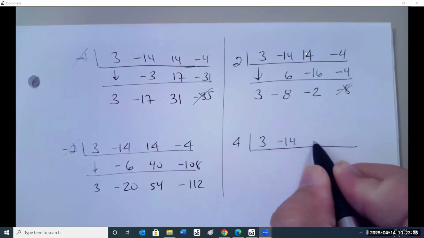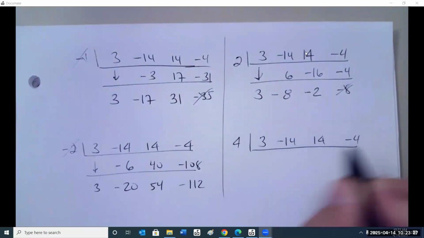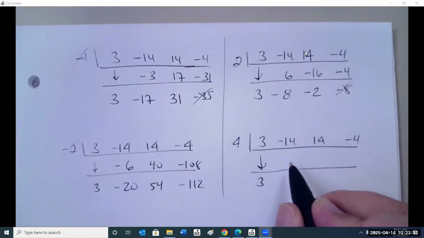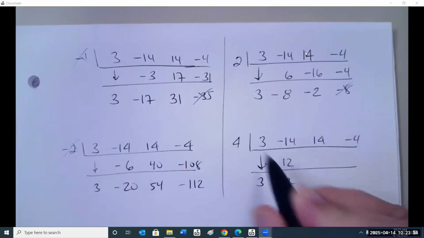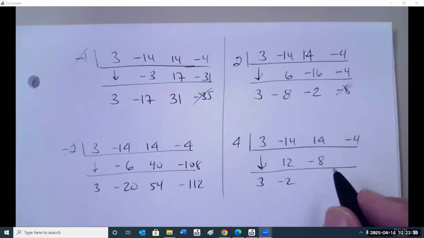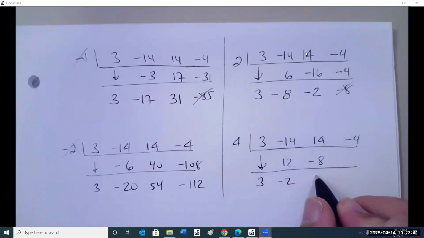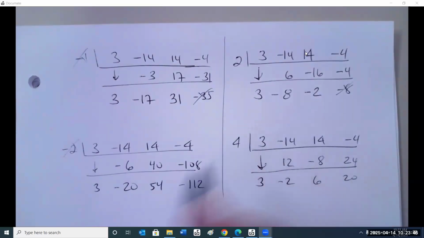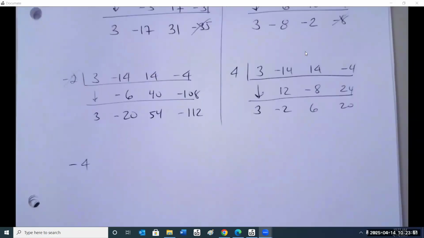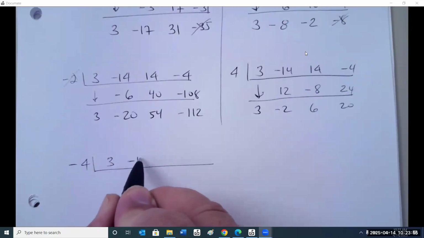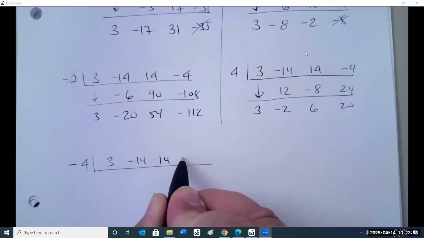3, negative 14, 14, negative 4. So it's 12, makes it negative 2, negative 8. 14 minus 8 is 6. 24 makes it a 20. So 4 doesn't work. We try negative 4. 3, negative 14, 14, negative 4.